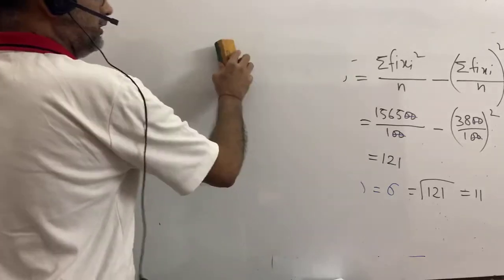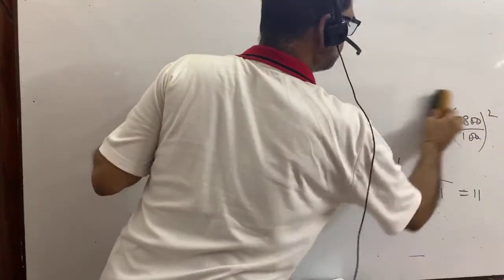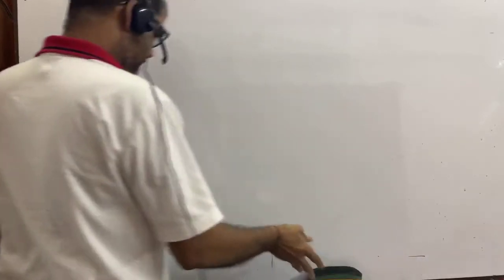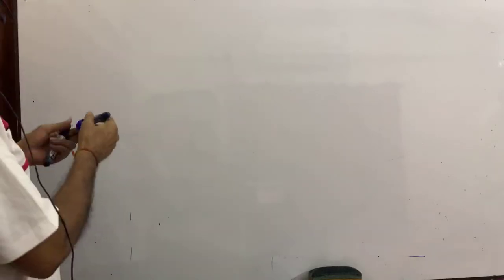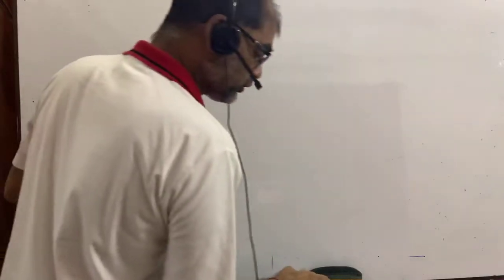Suppose there are two cricketers. Now going to question number 7.